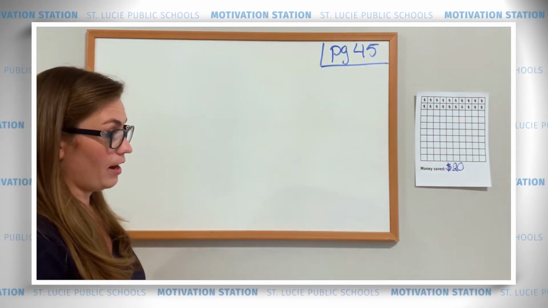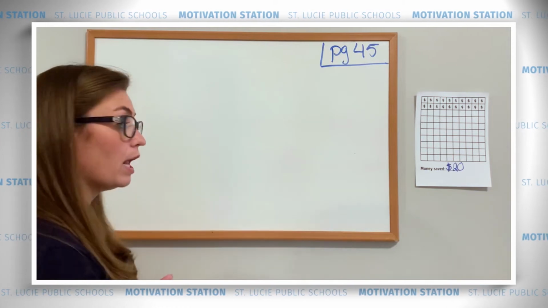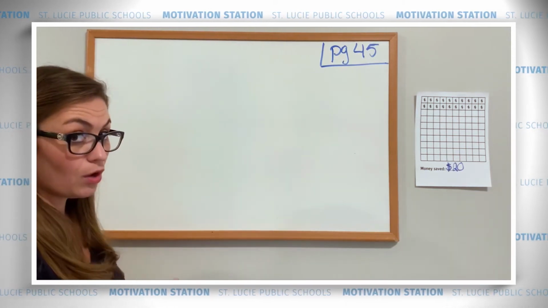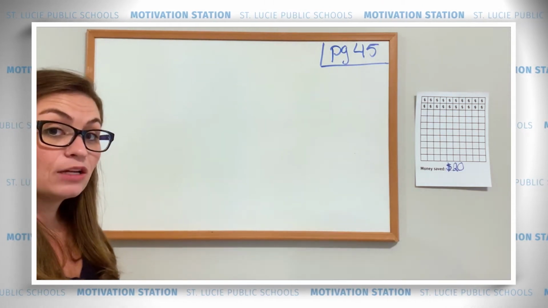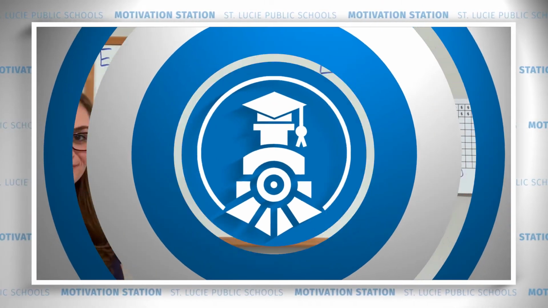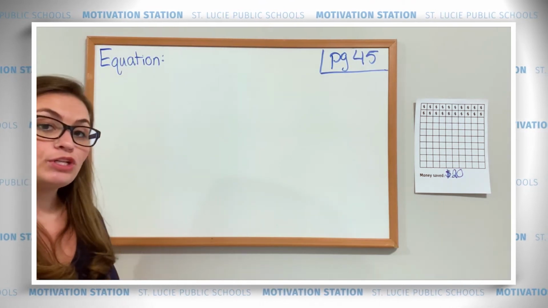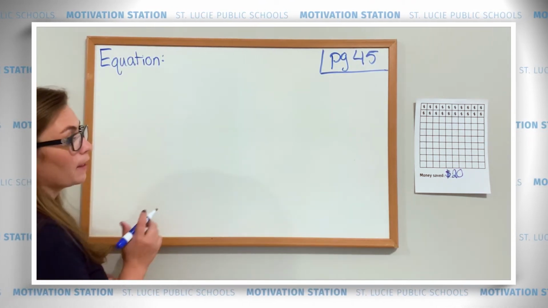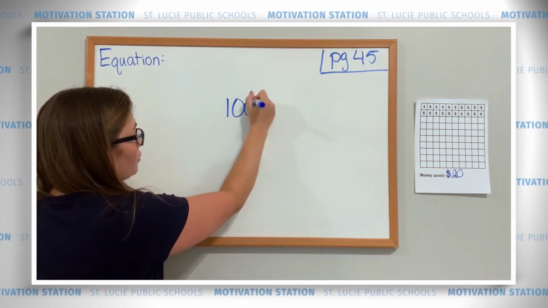We need to figure out how much more money we need to get to 100. So we can solve this two ways, with addition and with subtraction. We're going to write an equation and complete an open number line. We're going to do subtraction first. We know that we need to get to 100.